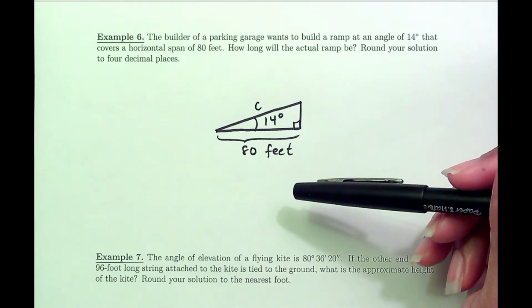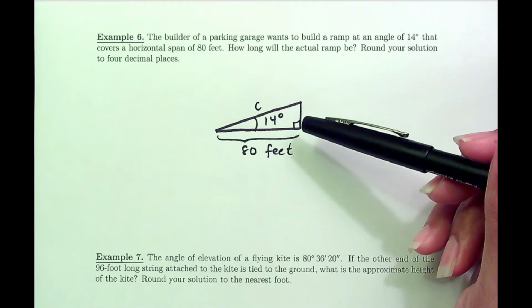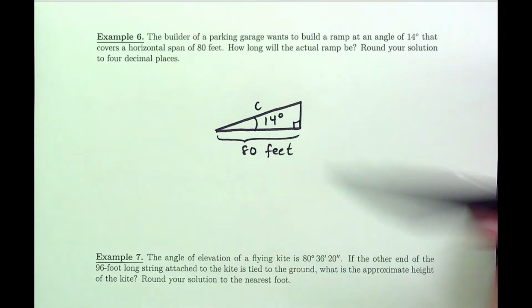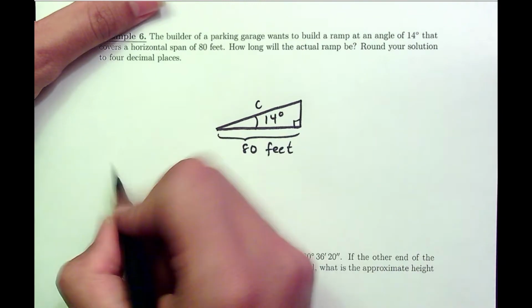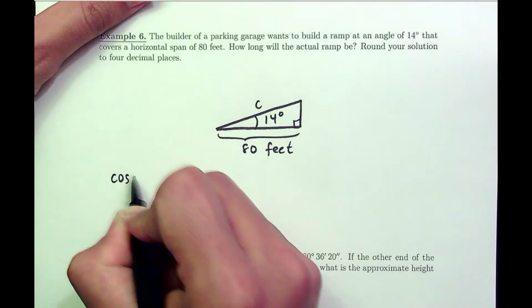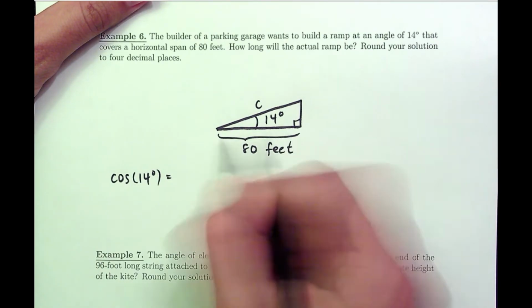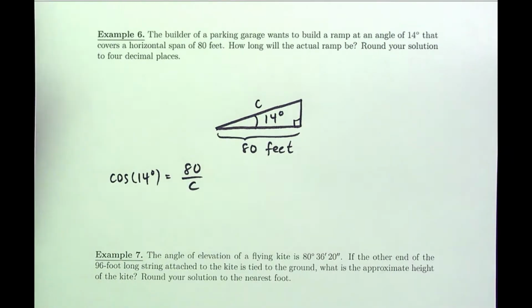Going to the next one, that would be cosine. Cosine is adjacent over hypotenuse. Yes, that's the one we want. So cosine of 14 degrees equals adjacent, which is 80, over hypotenuse. Now we have this equation, and we can find c from there.